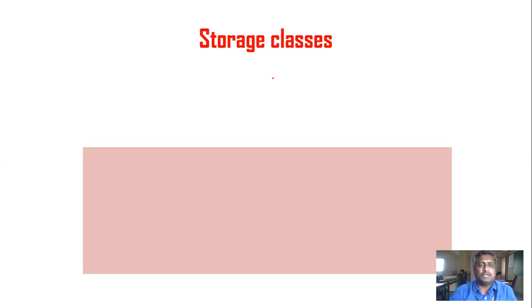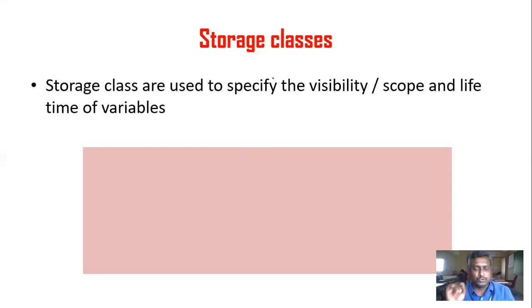First, let us see that storage classes are used to specify the visibility or scope and lifetime of variables. When you declare a variable, it is not that all the variables can be seen everywhere in the program. The storage class limits the visibility, so you cannot use it everywhere.